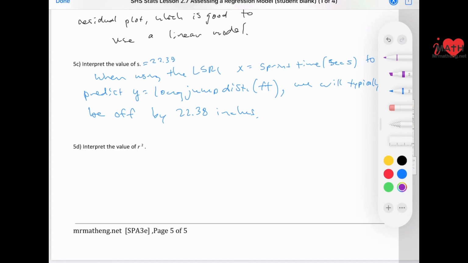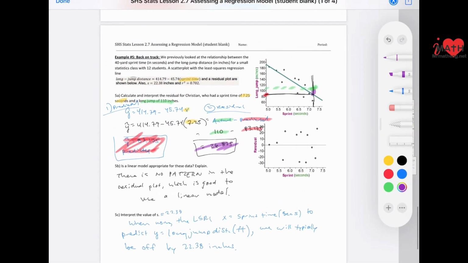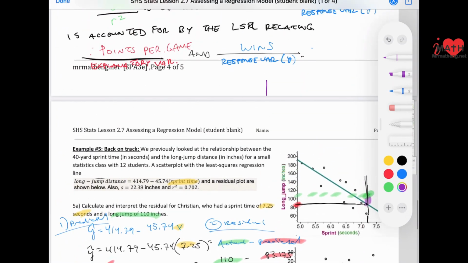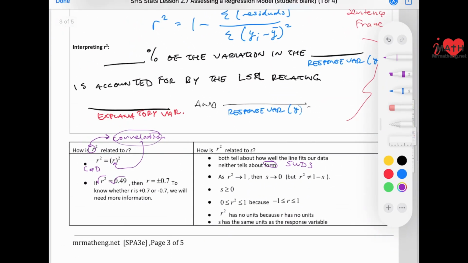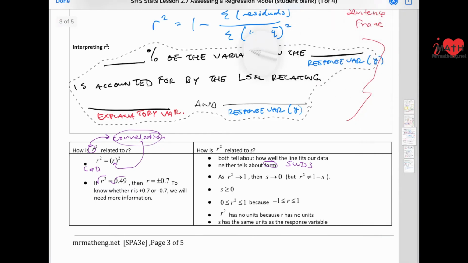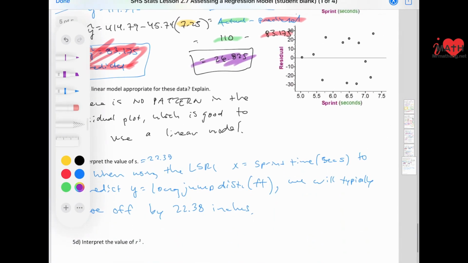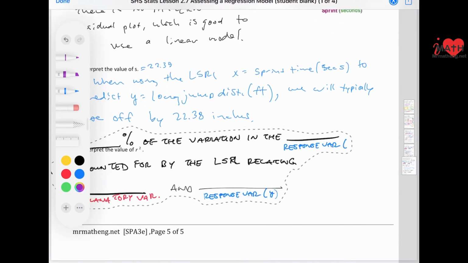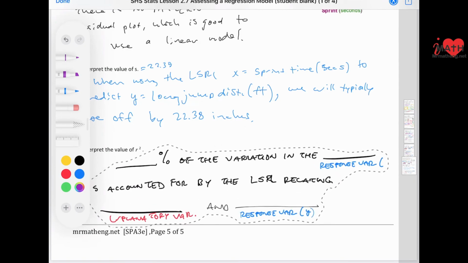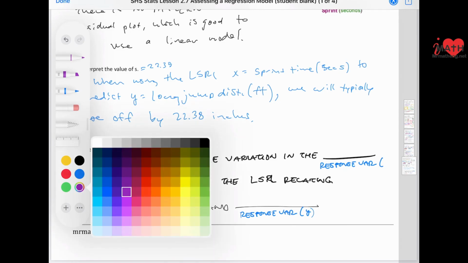Okay, how do you interpret r squared, right? You're just using that sentence frame. Let's copy that. You have open notes, so you can just copy the sentence frame. I'm just going to copy this one from up here. Okay, so what was the r squared value? The r squared value was 0.702.